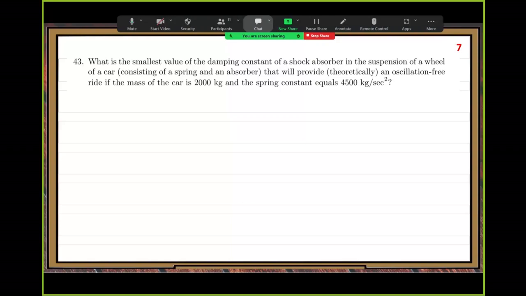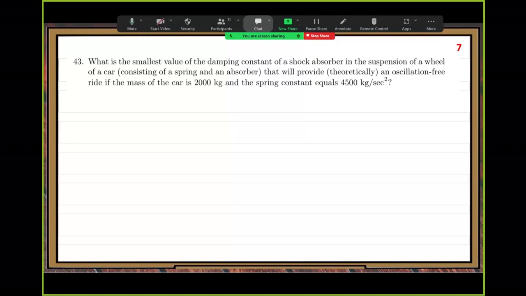So no oscillation, and then you can drive smoothly. That's your everyday life experience, but you need to connect it to our mass spring system in order to answer this question.